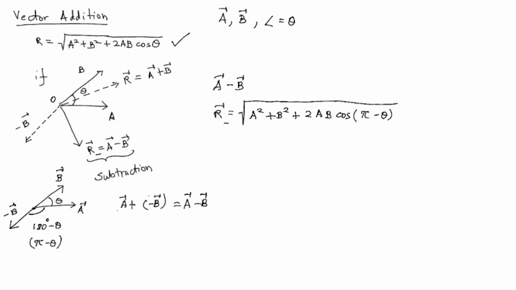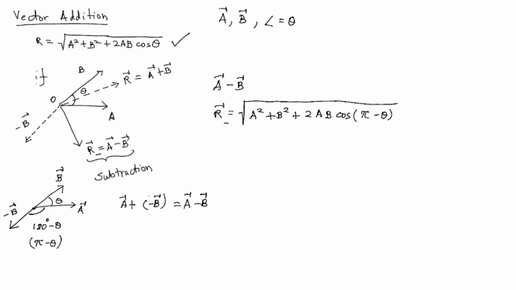Hence, this is the formula of the resultant: a square plus b square plus 2ab cos pi minus theta. This is for the vector subtraction.